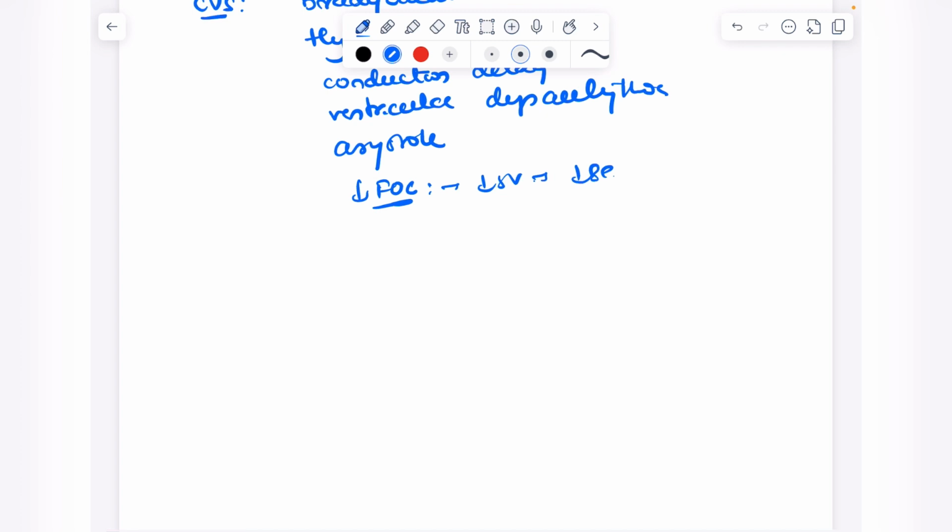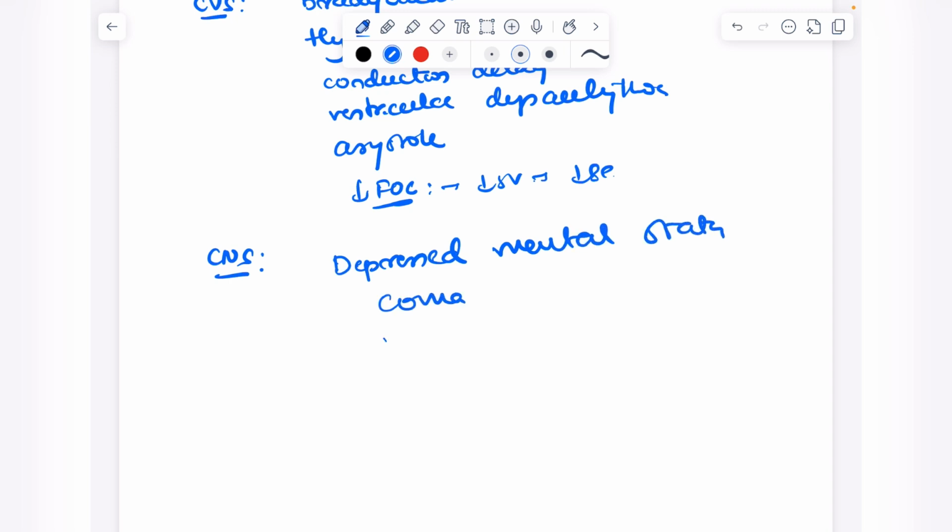So what are the CNS toxicities? CNS toxicity is in the form of depressed mental status, coma, psychosis, seizures, and respiratory arrest.